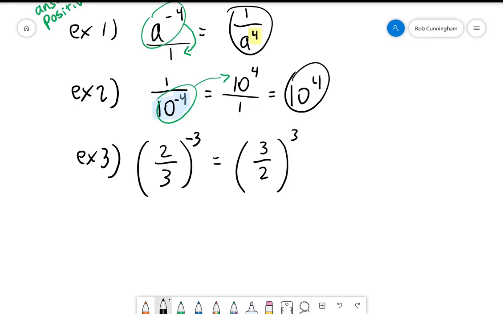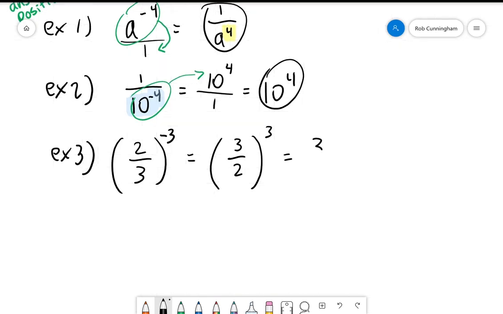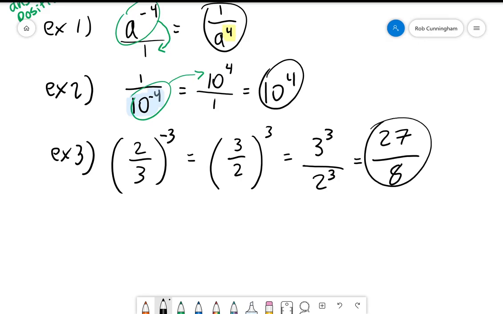And then we can go back to our rules from the last video. Well, that's 3 to the 3rd power over 2 to the 3rd power. Do not say 9 over 6. 3 to the 3rd power, well, 3 times 3 is 9, times 3 again is 27. 2 times 2 is 4, times 2 again is 8. Our answer is 27 over 8.